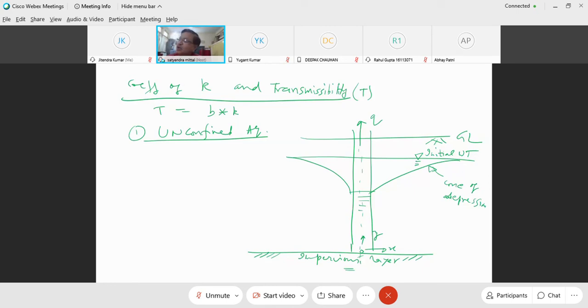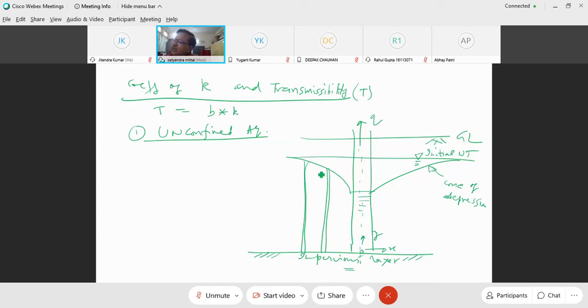You can verify it yourself by inserting two piezometers into the soil. Say this is piezometer 1, this is piezometer 2.